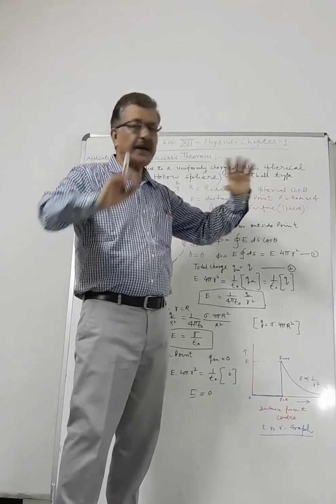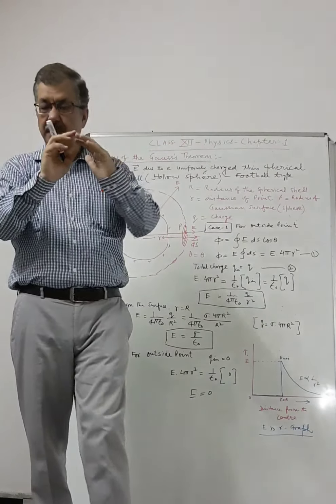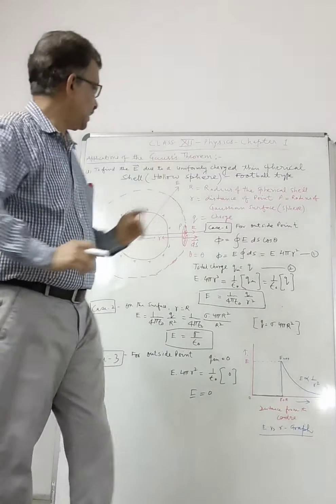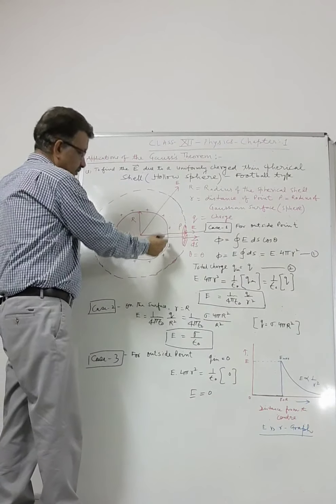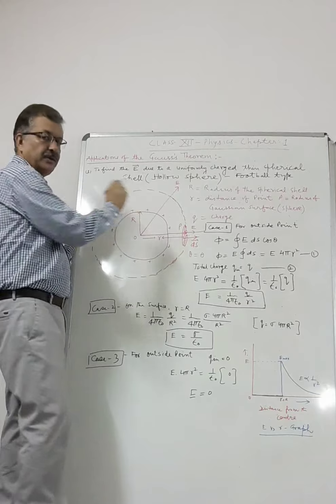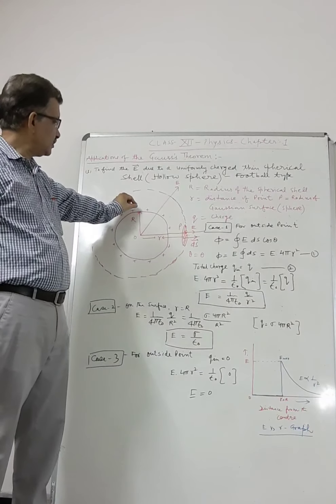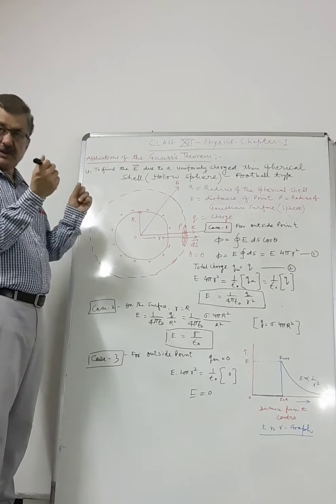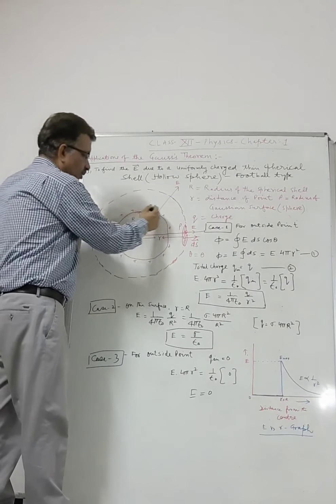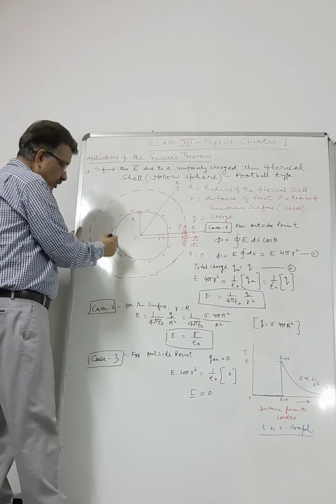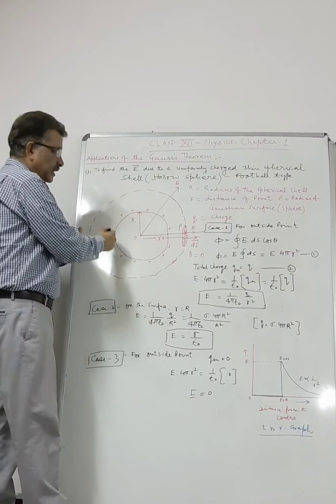It is a football type of thing where charge is distributed uniformly along the periphery. Whenever we give some charge, due to repulsion, this charge will be distributed uniformly along the periphery of the spherical shell.